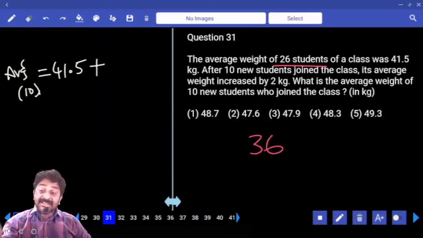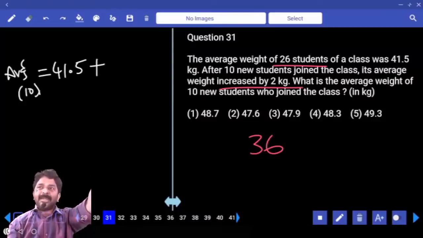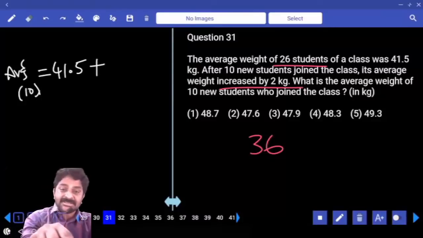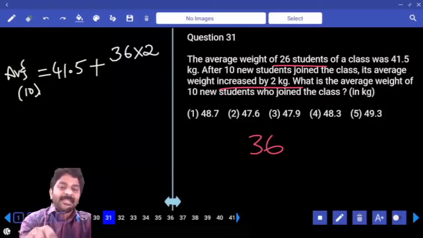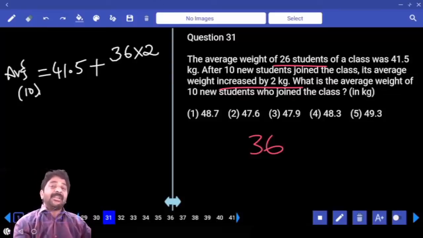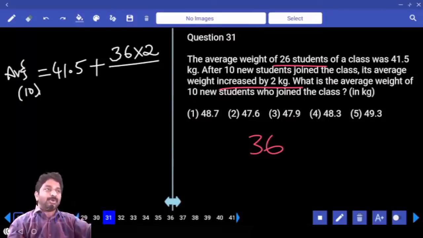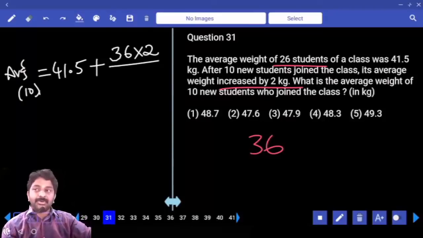For all these 36 people, the average increased by 2. For each member it increased by 2, so for 36 members, 36 into 2 increased, correct? Can we directly add this number to 41.5? No, because 41.5 is an average. So you must convert 36 into 2 from a total to an average.